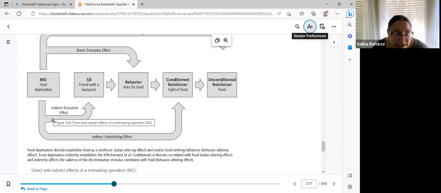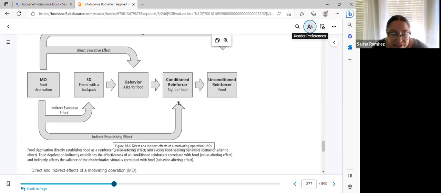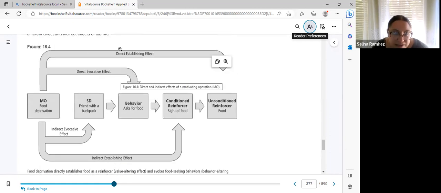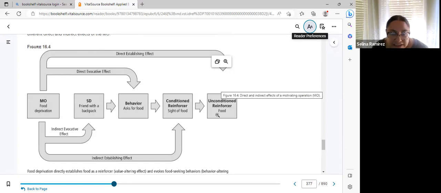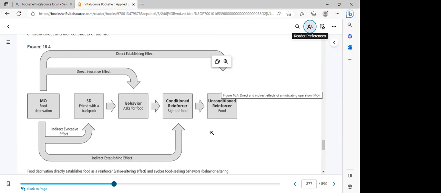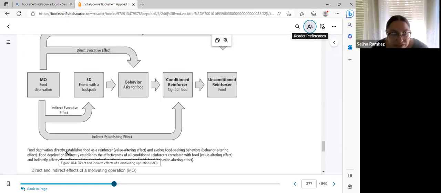So this one had an indirect evocative effect, the SD, and then the behavior had a direct evocative effect. An indirect establishing effect was the conditioned reinforcer, and the direct establishing effect was the unconditioned reinforcer. Food deprivation directly establishes food as a reinforcer.